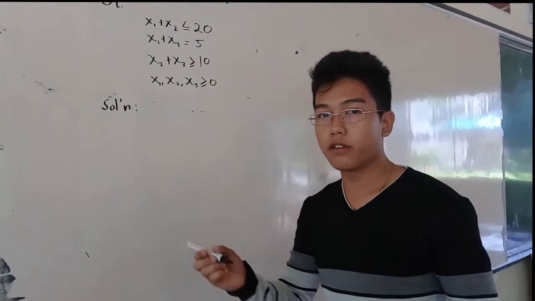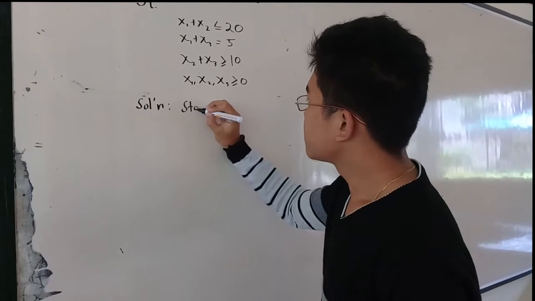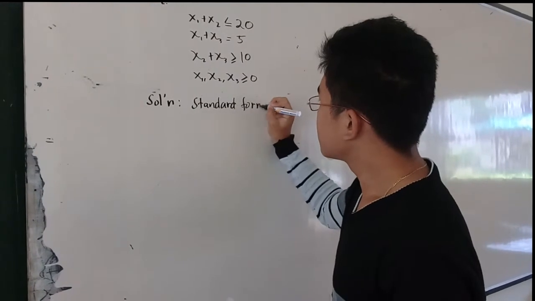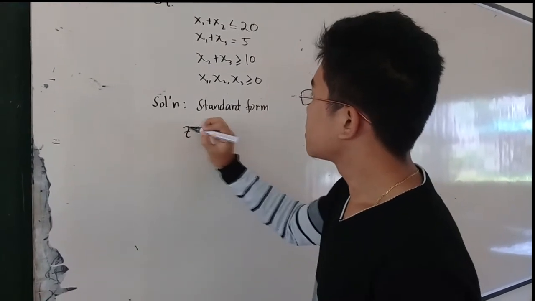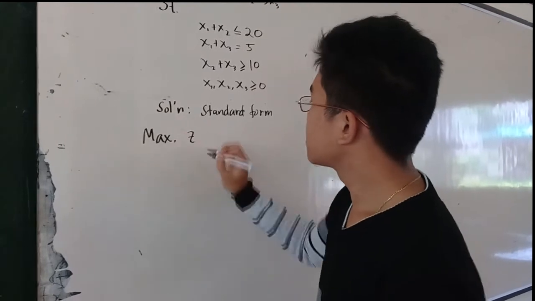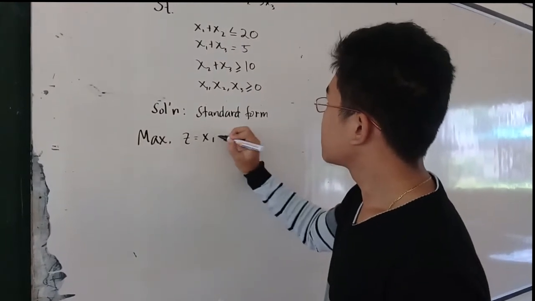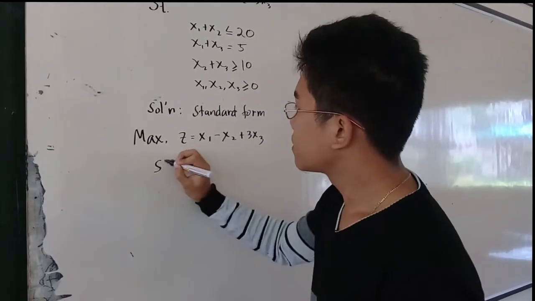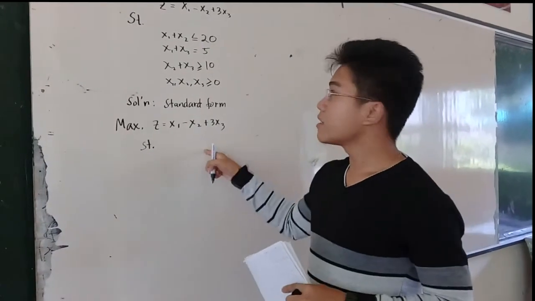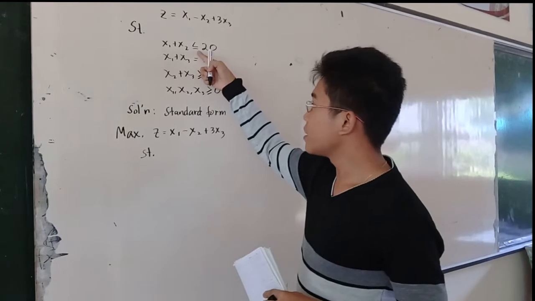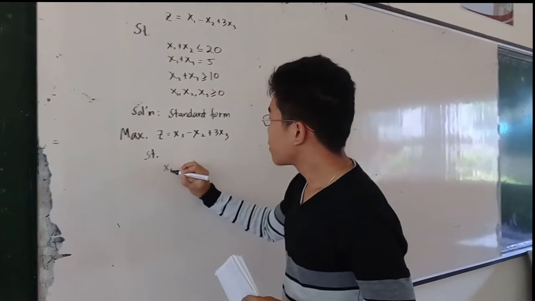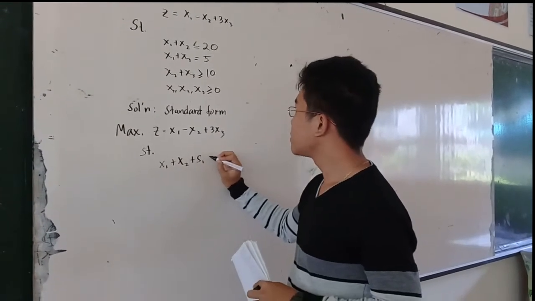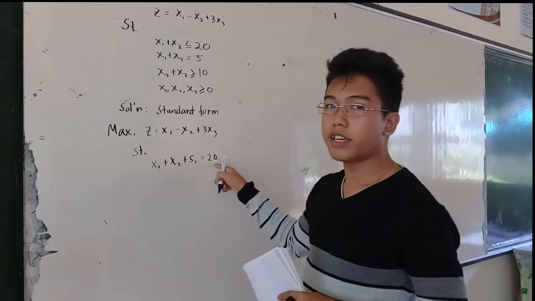Now, here is the standard form of the problem. You will notice that this constraint is less than or equal to 20, so we must add a slack variable to make it equal to 20.